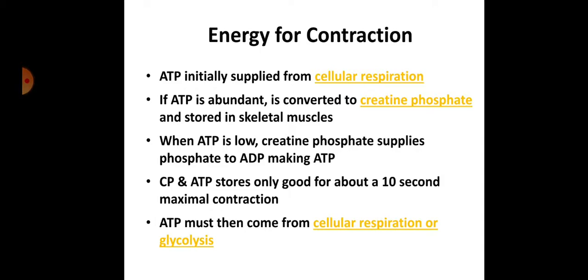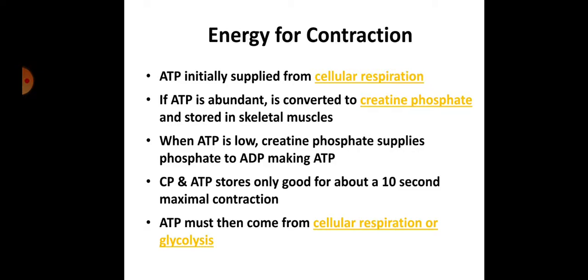ATP is initially supplied from cellular respiration. If ATP is abundant, it is converted to creatine phosphate and stored in skeletal muscles. When ATP is low, creatine phosphate supplies phosphate to ADP, making ATP.